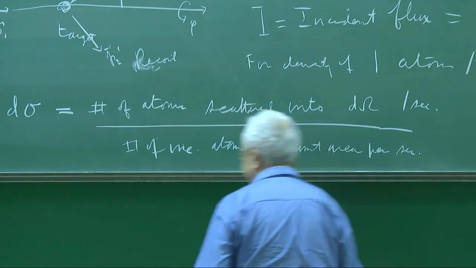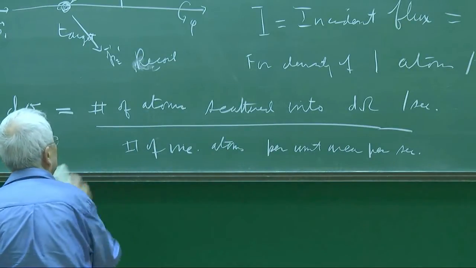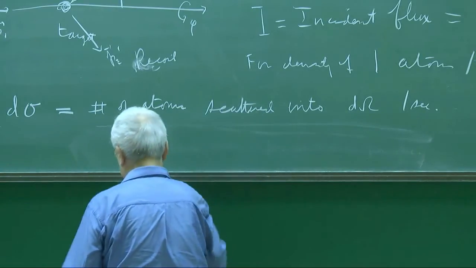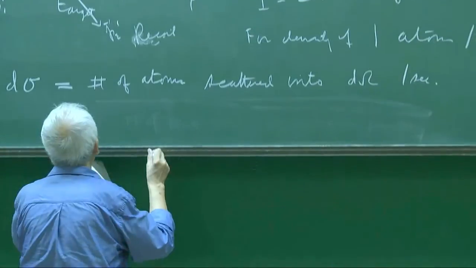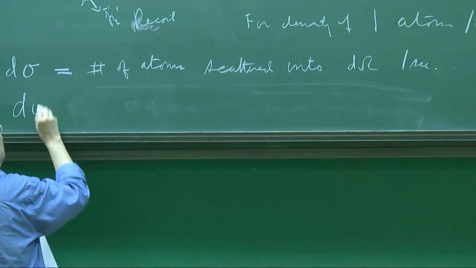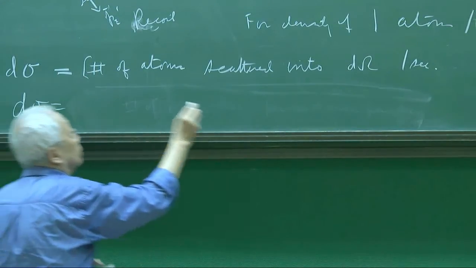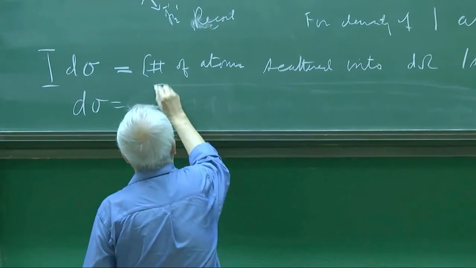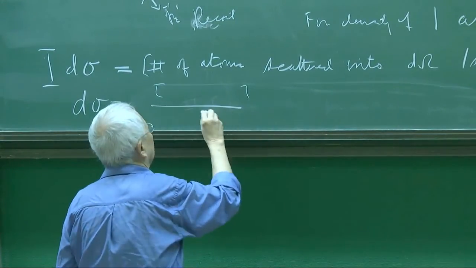No, I'm sorry. It's just equal to this. And therefore, d sigma is equal to this above divided by I.